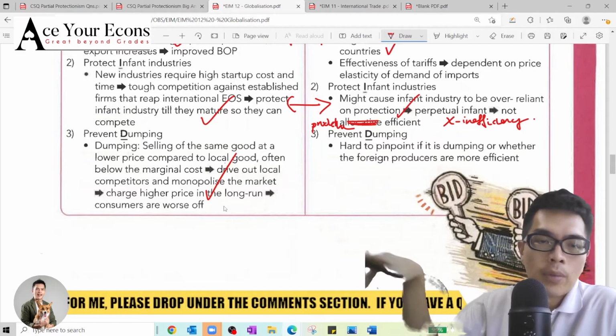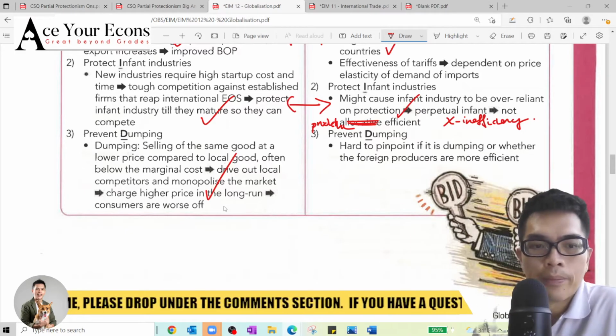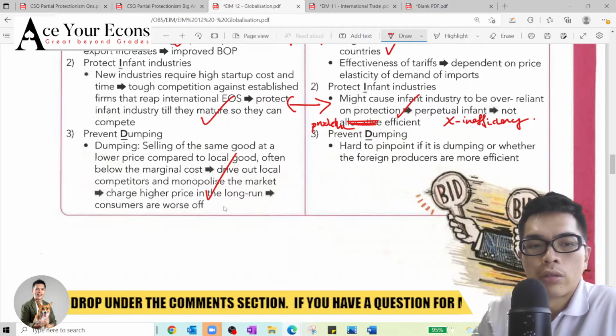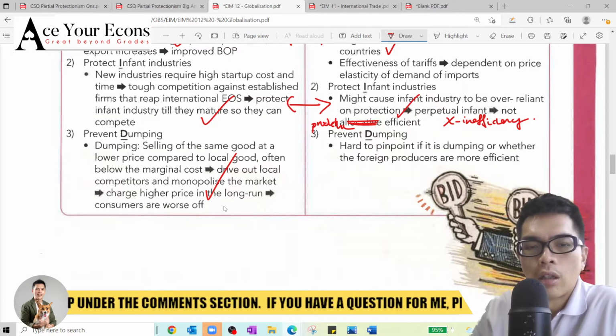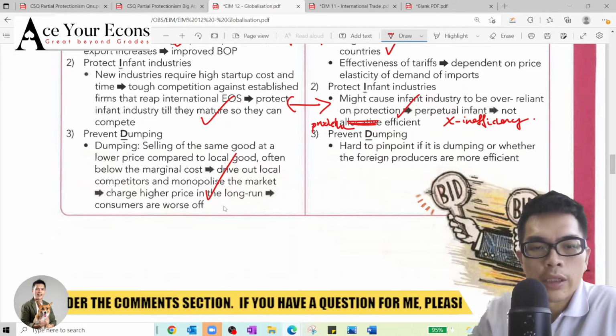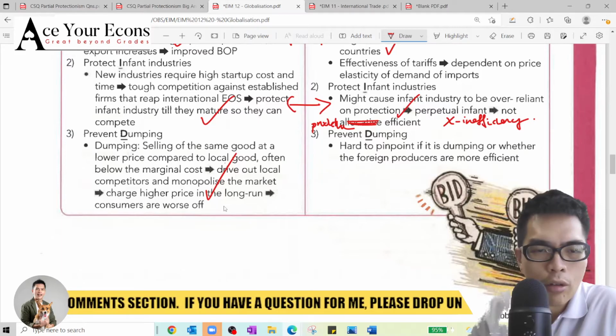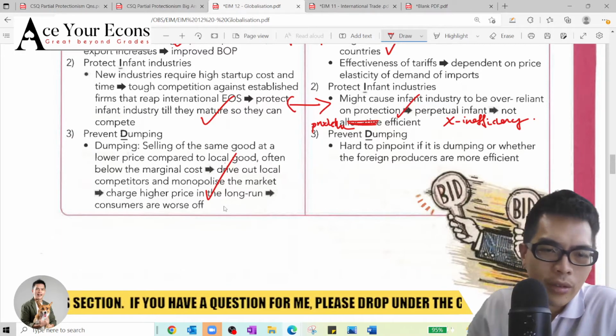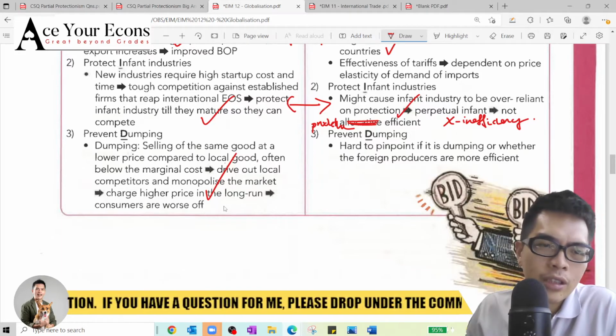So the foreign imports will dominate the domestic market. In the long run, this is going to worsen consumer welfare, when there will be no more domestic producers, then foreign producers will charge a higher price in the future.